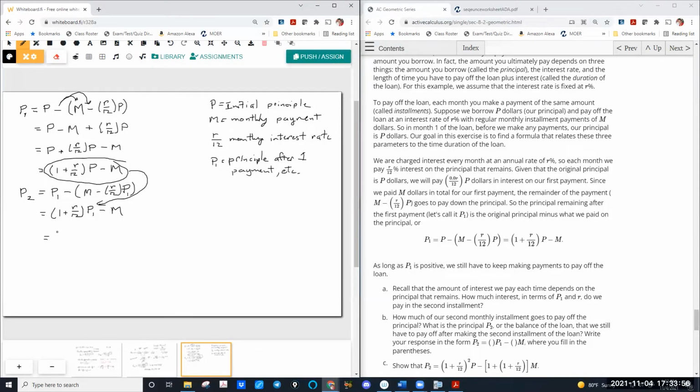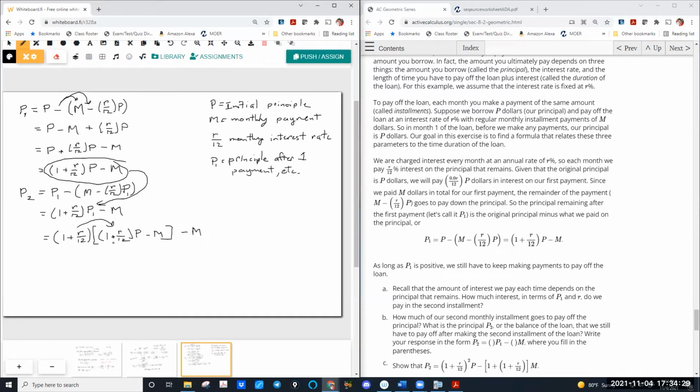So what does that do? And this is where the algebra can get a little, I don't want to say complicated, a little messy, just because my handwriting's messy, really. But it's pretty cool the way things end up working out. So basically, I'm just subbing this in for P1, and then we've got this minus m hanging out. Now I'm going to distribute this to these 2 terms.